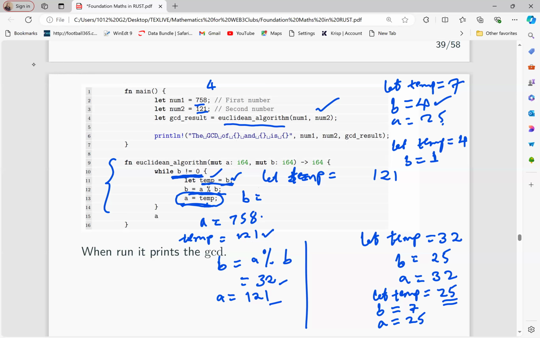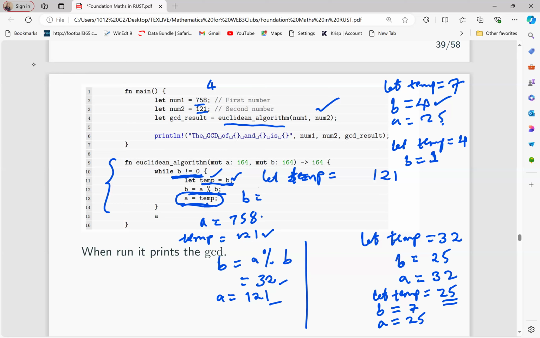Let me check: 25 divided by 4, what do you get? It goes there 6 times, and the remainder is 1, of course.